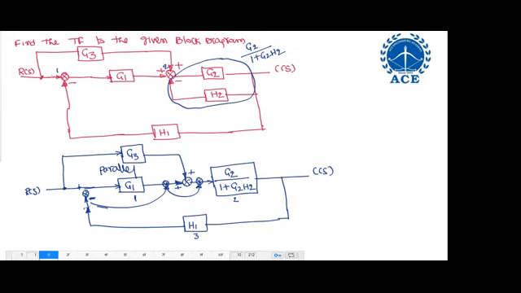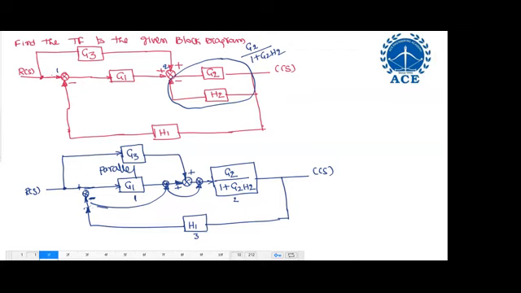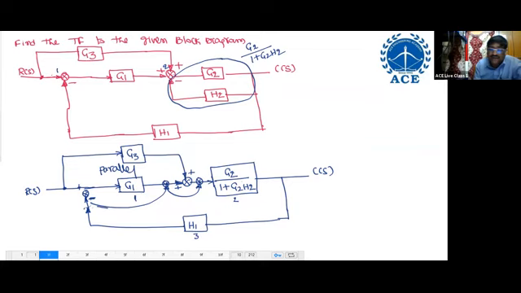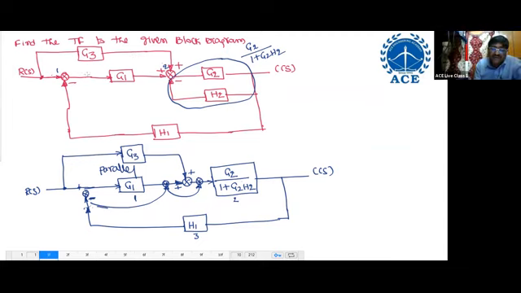Sir, if we change the summing point, we can't. Which summing point are you telling? Tell. G3, sir. This summing point. Where do you have to change? Ahead of G1. Ahead of G1, if you change, before shifting how many blocks? 1 and 2, G3 and G2, yes or no? 2 blocks only.